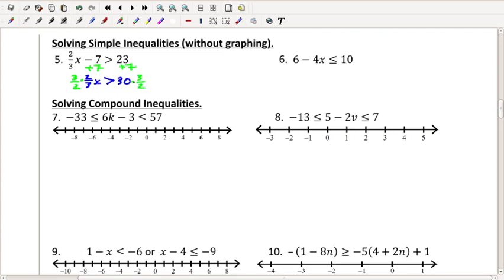Flip the fraction, multiply it to both sides. Because the 3's cancel, the 2's cross cancel, and I'm just left with x, which is what I wanted. That gives me x greater than, again, 30 divided by 2 is 15. 15 times 3 is 45. If you need your calculator for that, you can, but do as much in your head as possible. So x is greater than 45.